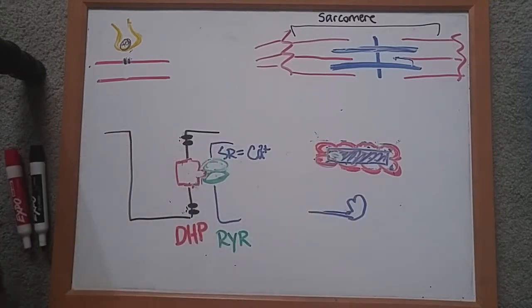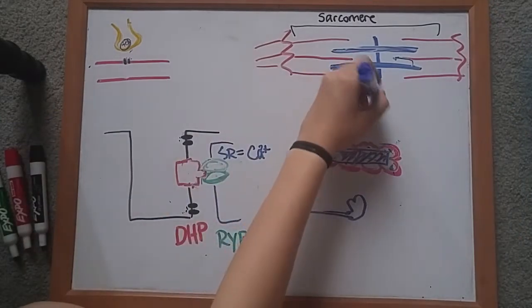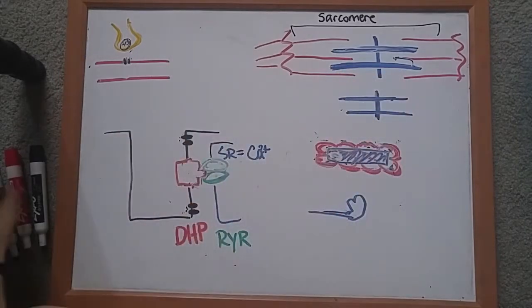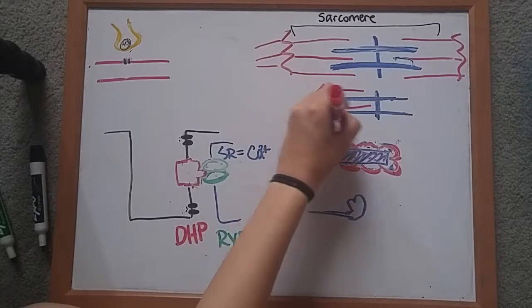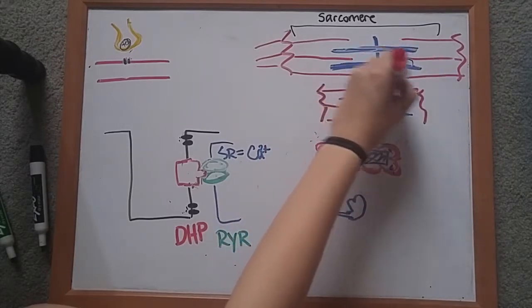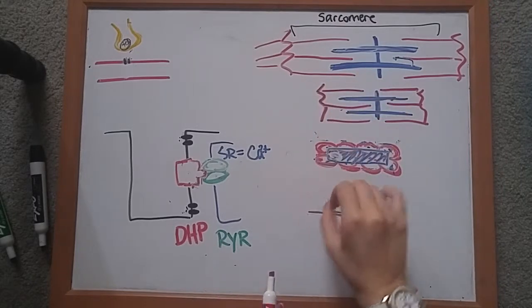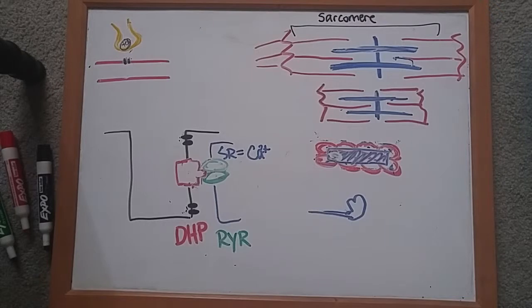So everything essentially goes back to normal instead of being contracted. So our M lines don't really change, but what will happen is actin will get closer and shorten that sarcomere. But it'll go back once all this happens to its regular length, its resting length, essentially.